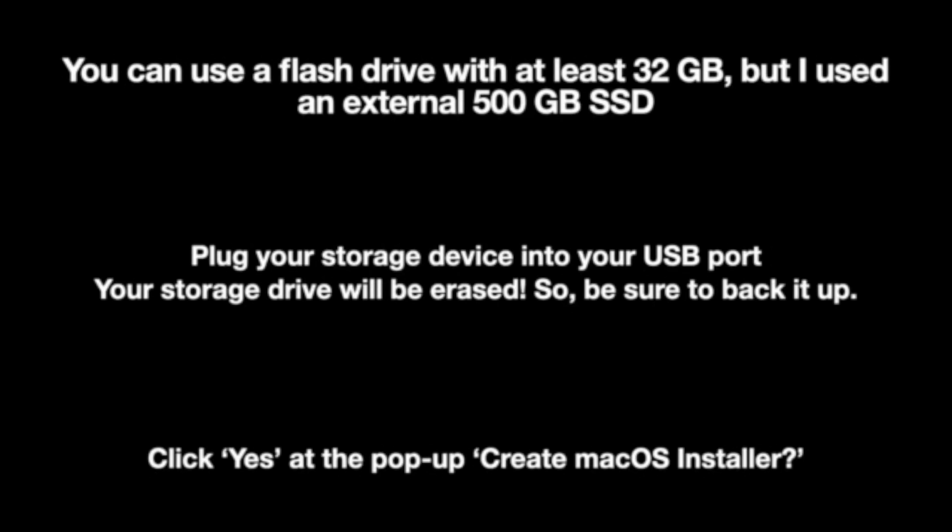The pop-up will ask if you want to create a macOS installer. But first, plug in your USB drive. You can use a flash drive with at least 32 gigabytes, but I used an external 500 gigabyte SSD. Plug your storage device into your USB port. Your storage drive will be erased, so be sure to back it up.